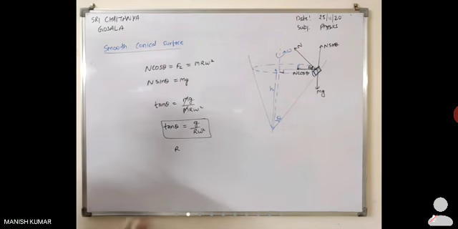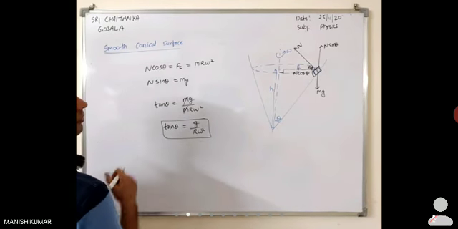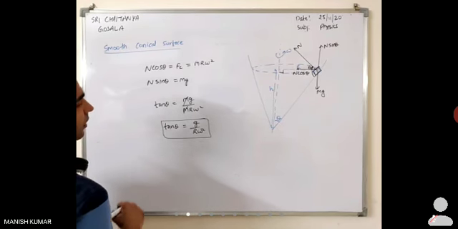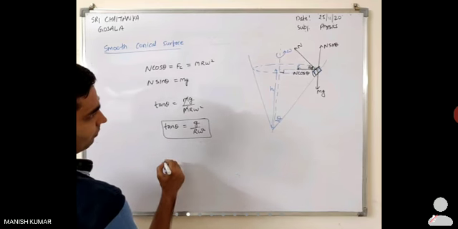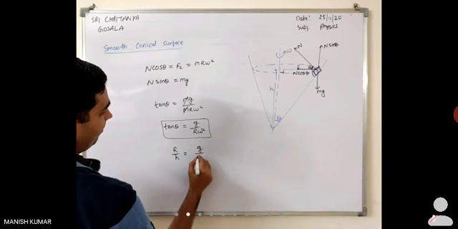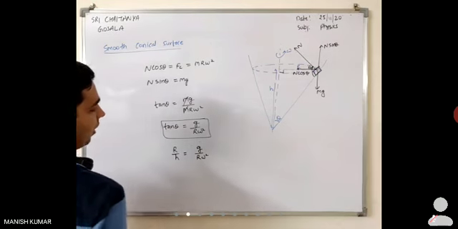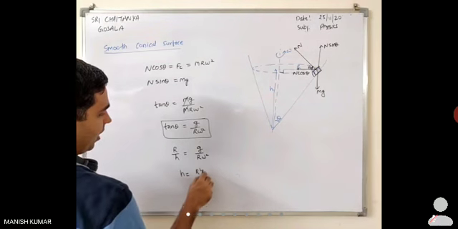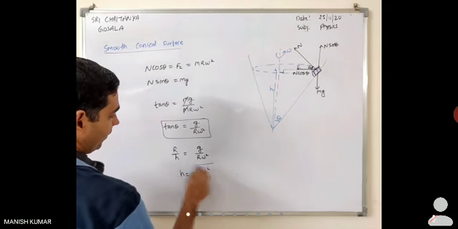Yeah, that's correct. Tan theta will be equal to r upon h, perpendicular upon base. So g upon r omega square. So we can say h is nothing but r square omega square by g.